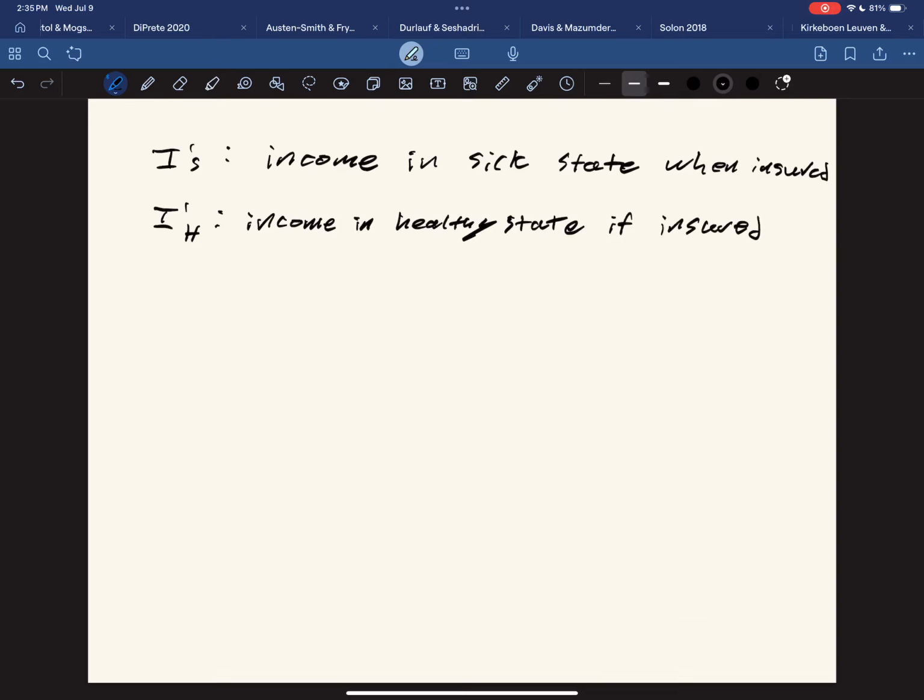And we'll keep IS and IH without primes, so just IS and IH. Those will still be my income if I'm uninsured. So what's my income if I'm healthy?